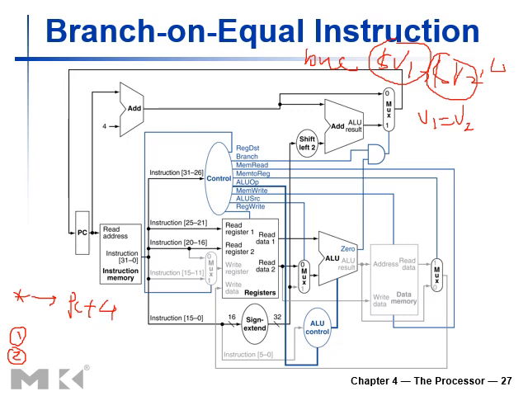If equality holds, then this is the false path for branch not equal. And if V1 is not equal to V2, this is the true case. So in the false case, we would use PC plus 4 to update the program counter. But if the condition is true, then we have to add PC plus 4 plus the label.